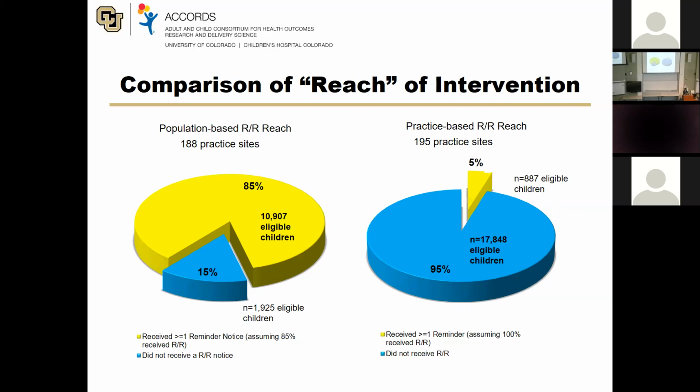The 15% that were not reached includes those that had returned mails and we couldn't find an address. In contrast, in the practice-based counties, out of 195 practice sites, only 10 did reminder recall. So the reach was abysmal. Maximum it could have been is 5% because we couldn't get the practices to do it. So that is the most important pragmatic finding from this trial: that approach didn't work very well.